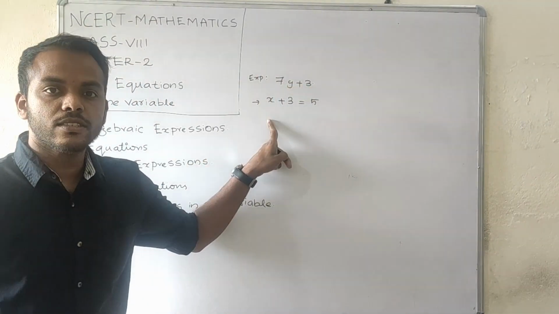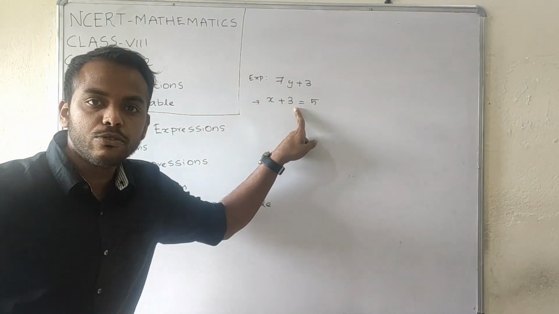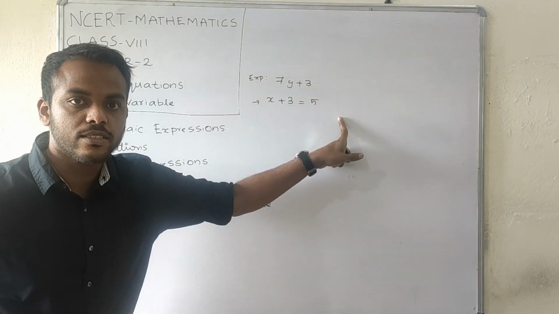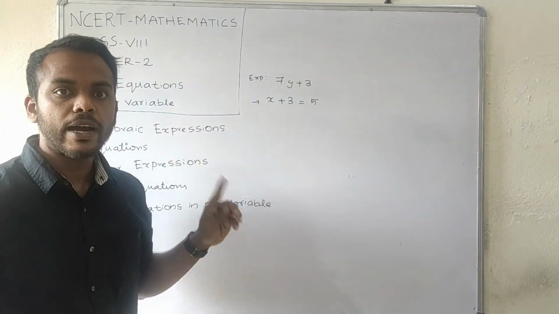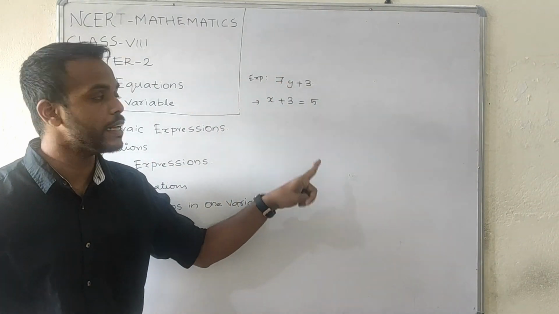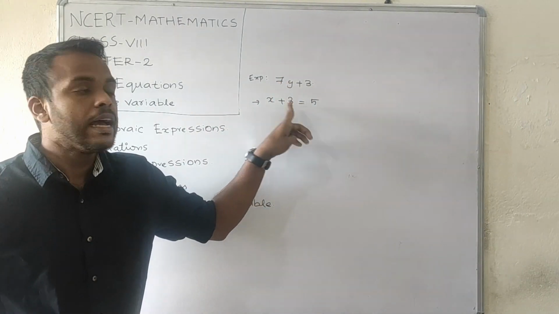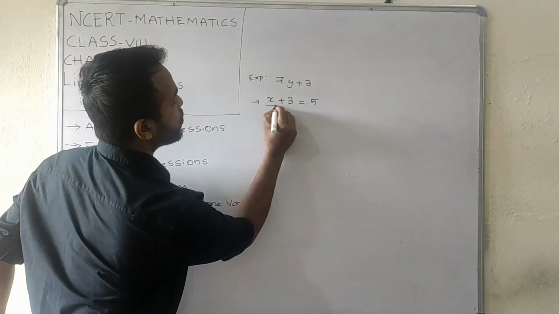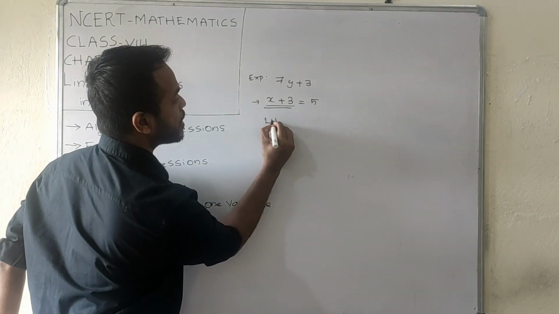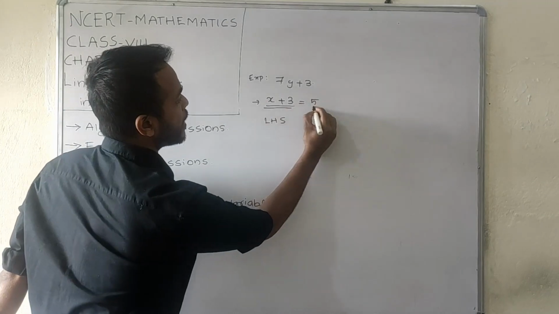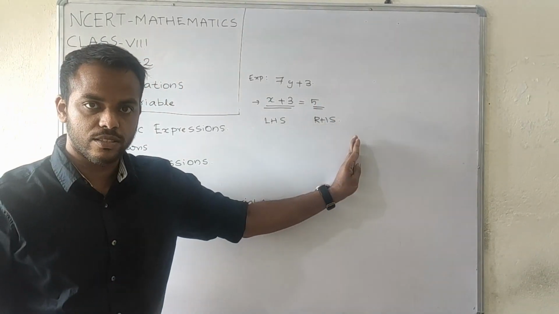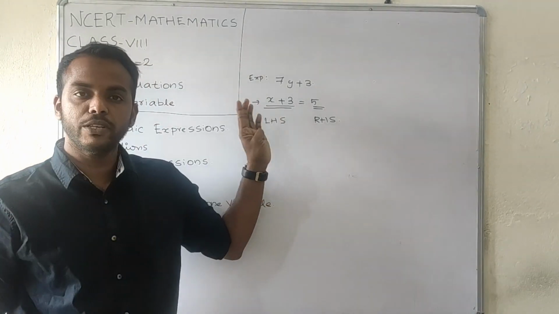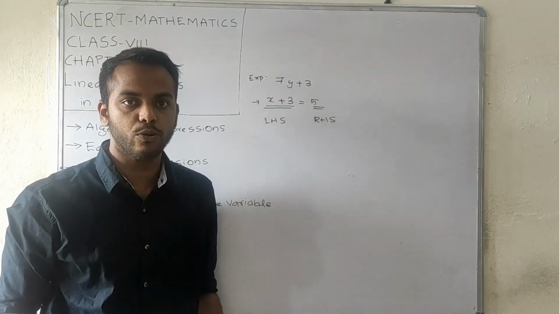What is the difference? Of course, there is an equal to symbol in equations. There won't be an equal to symbol in an expression. So, an expression is changed to an equation if there is an equal to symbol, a left hand side, or we call it LHS, and a right hand side, we abbreviate it as RHS. So I hope you have understood the difference between an expression and an equation.